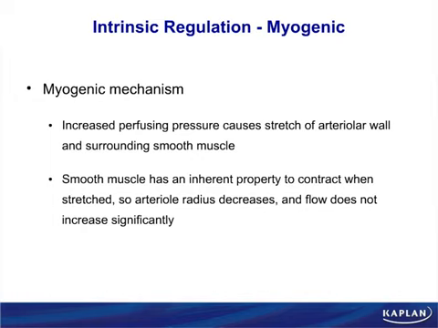When intravascular pressure goes down, then this smooth muscle will relax. So if the pressure is going up and the arteriole constricts, this will keep blood flow relatively constant. If pressure goes down and the blood vessel dilates, then this will keep blood flow relatively constant. Hence the term autoregulation. Now both myogenic and metabolic occur.